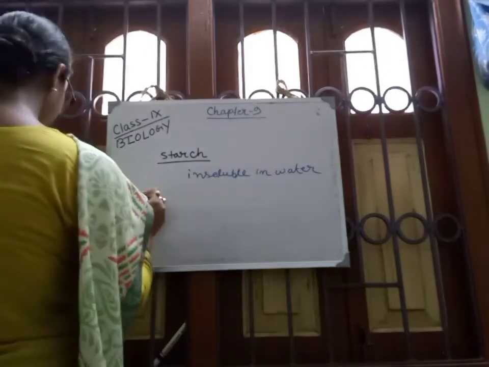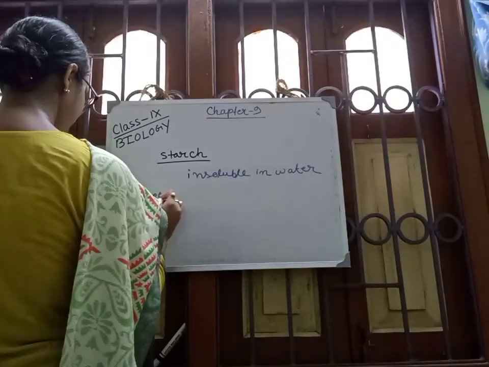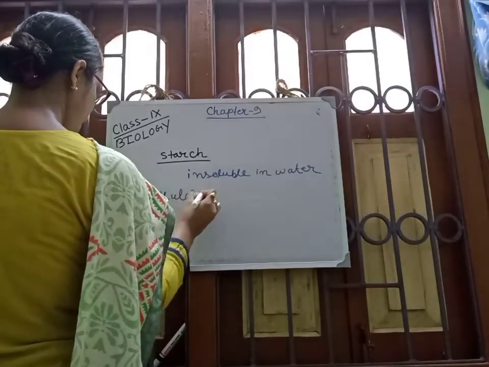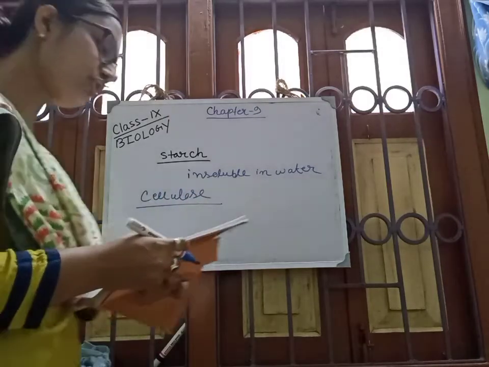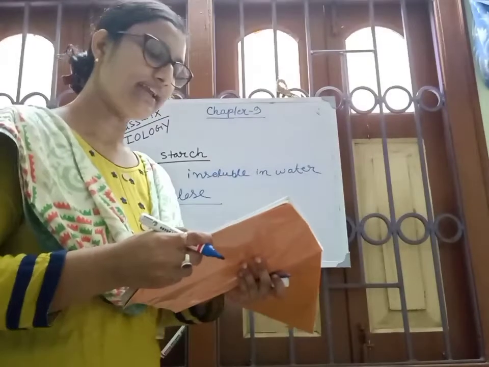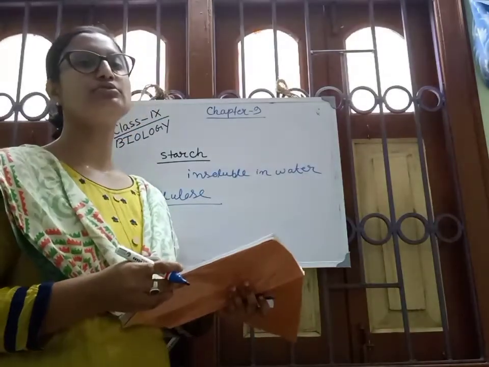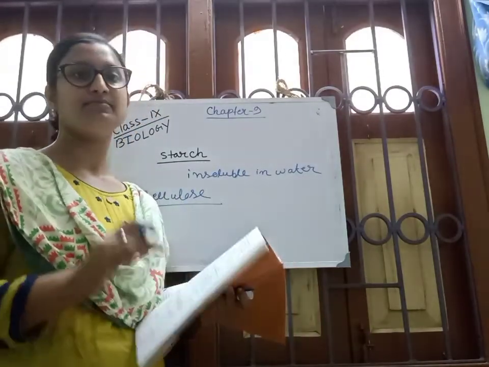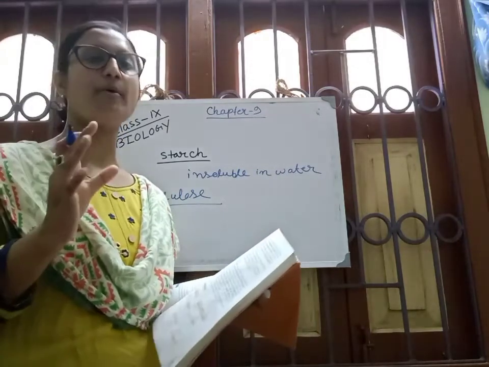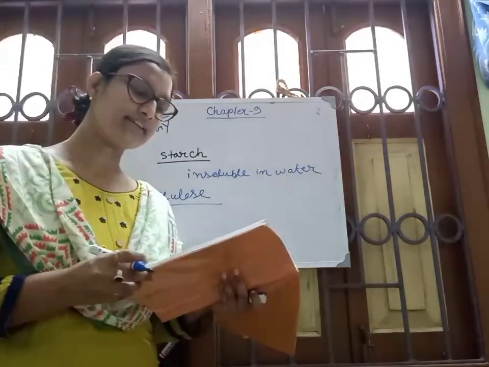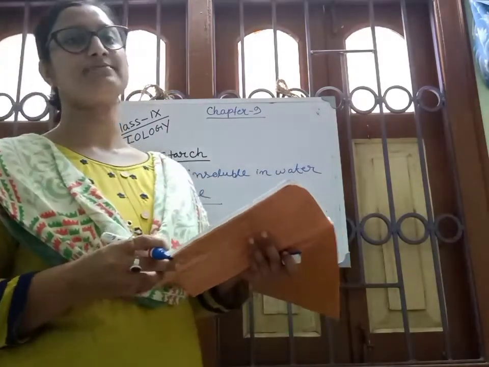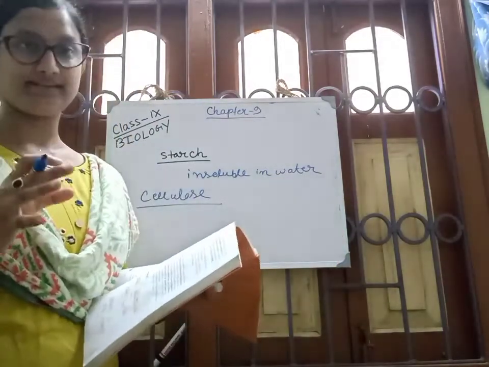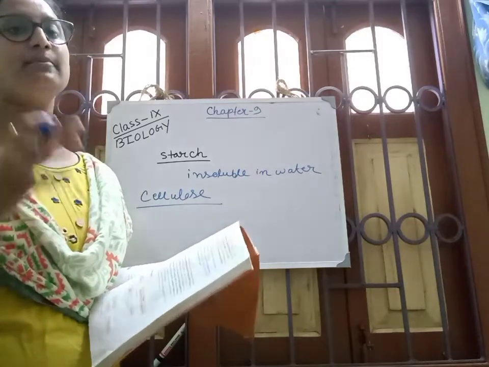And the third one, cellulose. What is cellulose? Cellulose is also an insoluble complex carbohydrate. It is made up of many molecules of simple sugar. It is found in the cell wall of plants, where it is the main component.